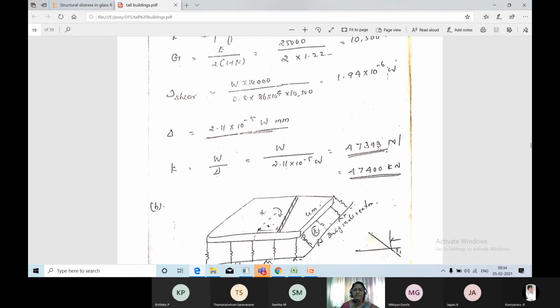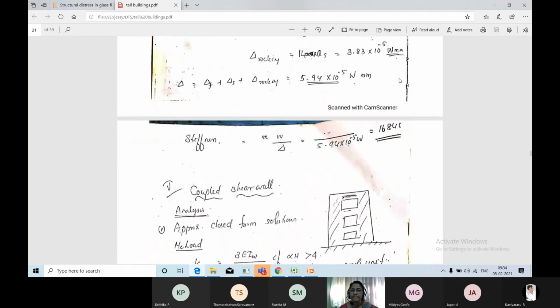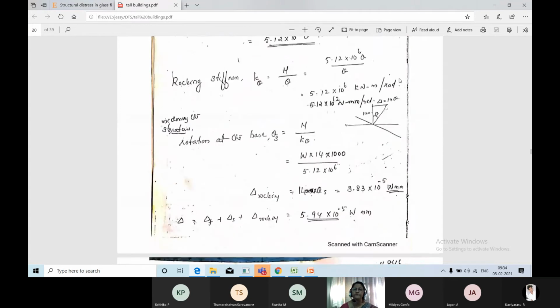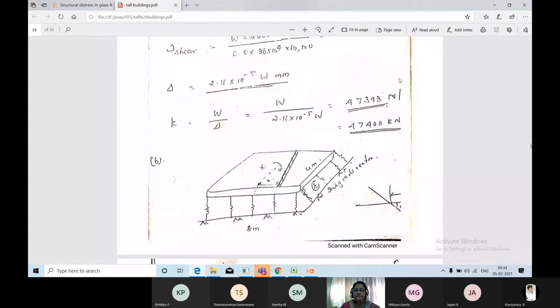The first thing, when the wall is rigid, the stiffness is 47,000 kilonewton per meter. Now, when it is resting on a foundation, on a flexible soil, the stiffness has reduced. What is the meaning of that? Is stiffness reduced or increased? 16,000. So which is better?